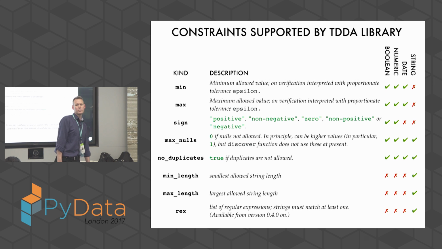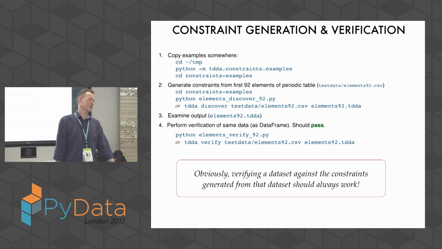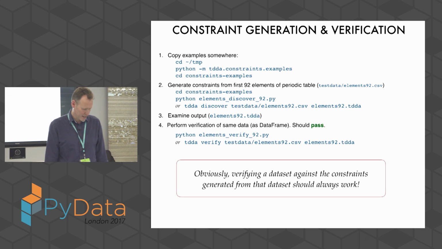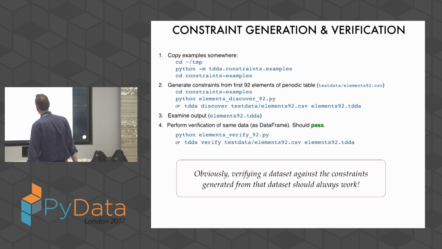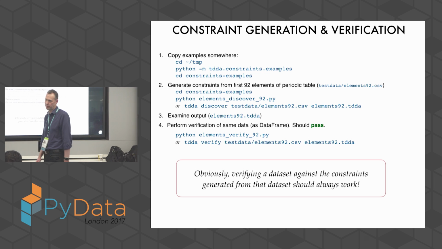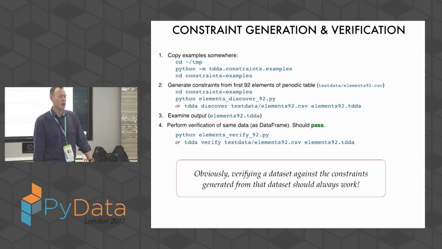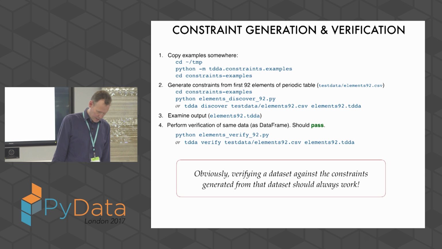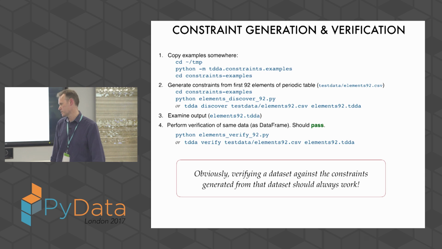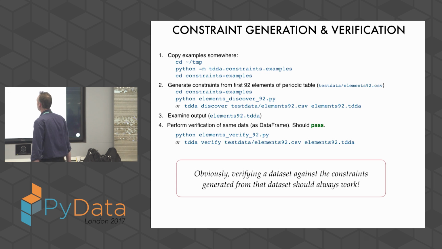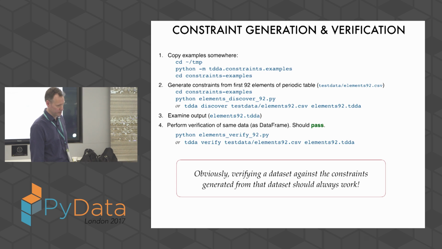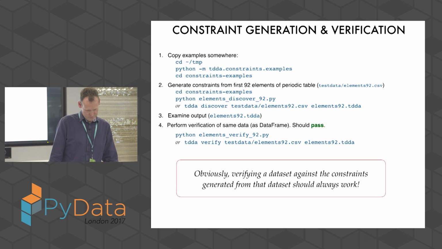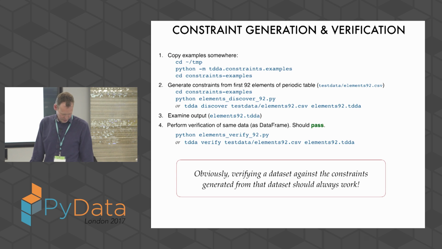And that will include 2 CSV files, one called elements92, which contains information from Wikipedia about the first 92 elements in the periodic table, that is everything up to uranium, and also elements118.csv, which contains information about the first 118 elements of the periodic table, which is all of them that had numbers a few years ago.